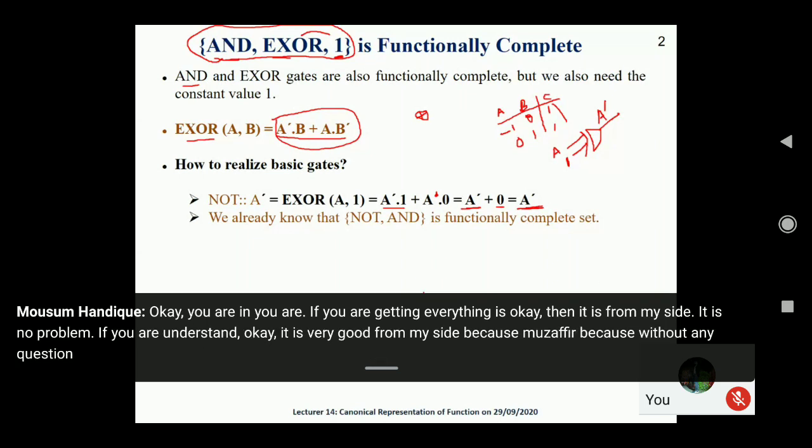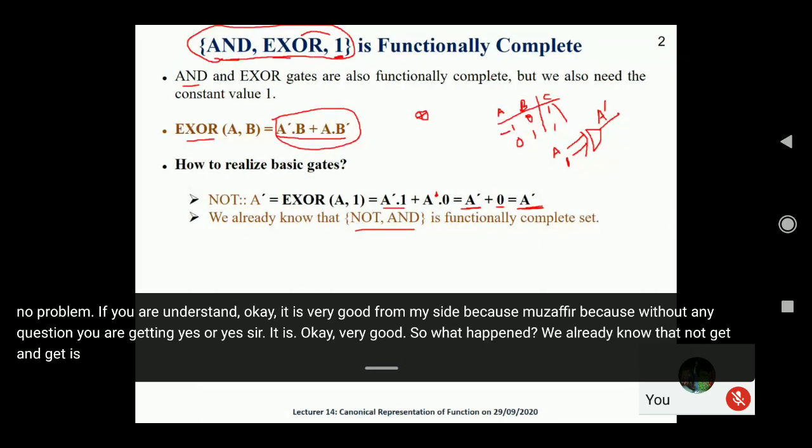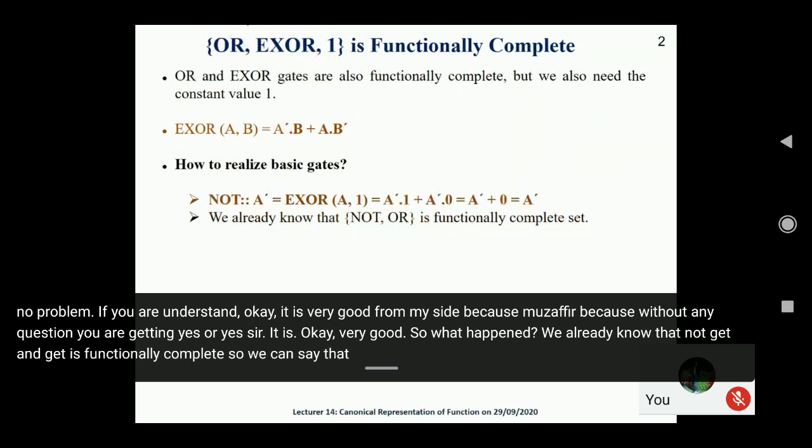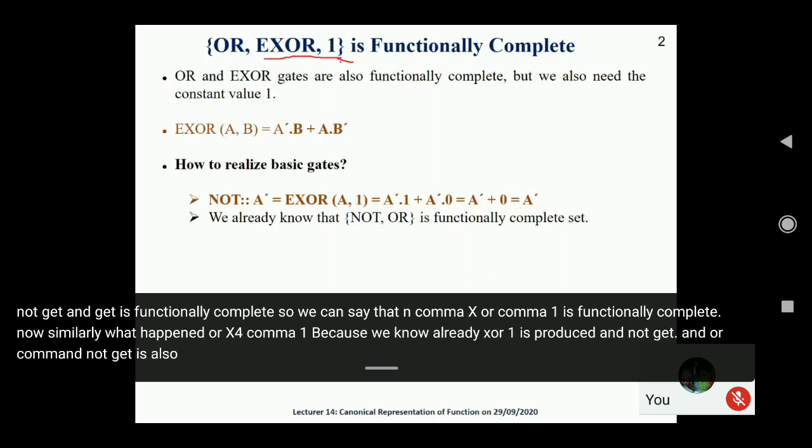So what happens? We already know that NOT gate and AND gate is functionally complete, so we can say that AND comma XOR comma 1 is functionally complete. Now similarly, OR comma XOR comma 1, because we know already XOR with 1 produces the NOT gate, and we have already seen that the combination of OR comma NOT gate is also functionally complete.